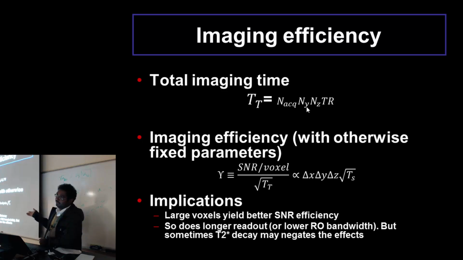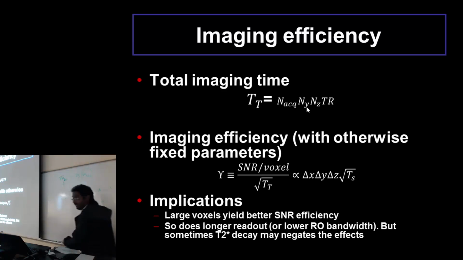Time is halved, so per unit square root time, that's 2 divided by square root 2, so square root 2 better. Your signal has doubled because your voxel size has doubled, whereas your time has halved, so that's T divided by 2, under square root 2. Everybody following me on that?